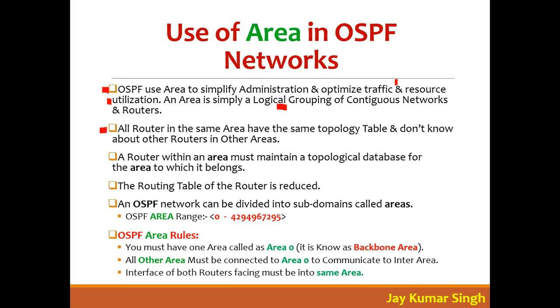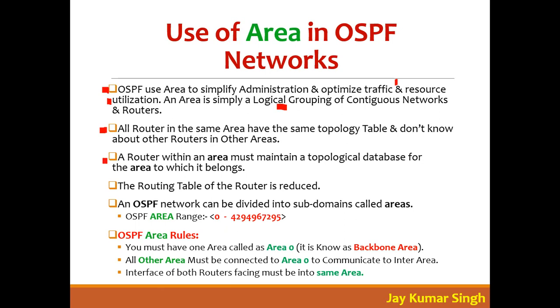All routers in the same area will have the same topology table, and they will not know the routers of other areas. So if you belong to area 1, you will only know area 1 routers, and the database will be for area 1. Every area will have its own identical database, and other areas will have their own databases.